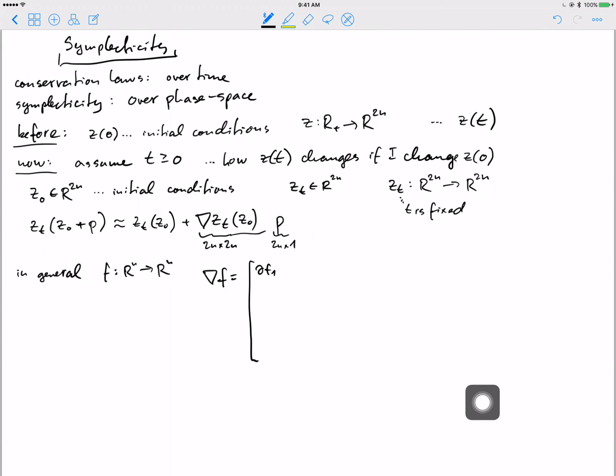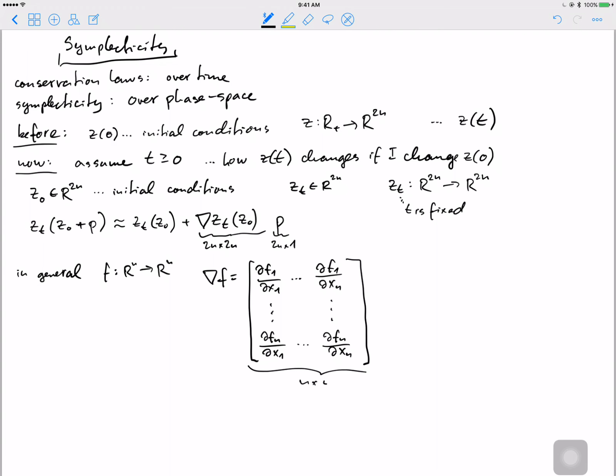I take the first component, I differentiate by x1, and I keep doing this and differentiate by all the input components up to xn, okay? Here I do the same thing for f2 and so on up until I get to fn, and I differentiate it again first by x1, then by x2, and so on until I differentiate the last component by the last variable xn, okay? So this would be an n by n matrix, that's the Jacobian.